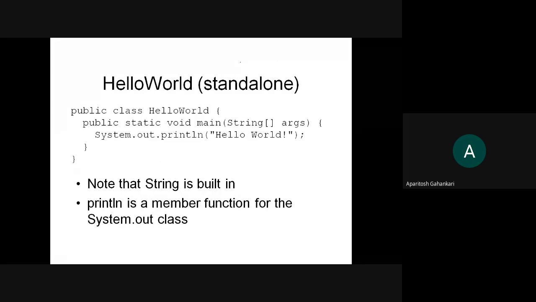Okay, so this is a sample program. A simple program is given, and this is called an application. That is why standalone is written over it. So, HelloWorld.java. This is a simple program.